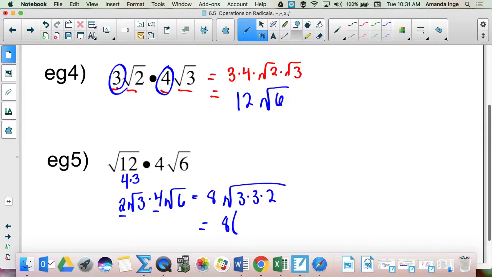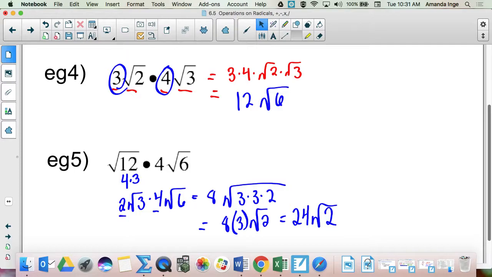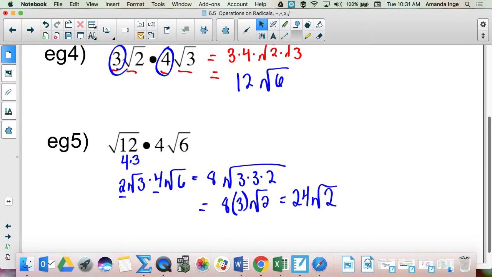So 8 times 3 times the square root of 2, or 24 square roots of 2, would be the answer. You'll just have smaller numbers to work with, and it just makes it easier. You can multiply 12 times 6 if you wanted to, but it just makes it so much easier.